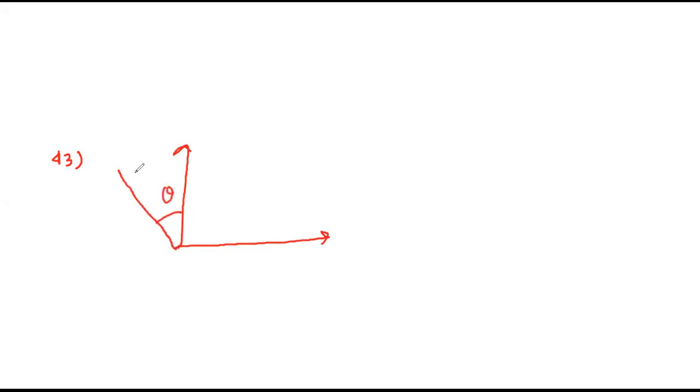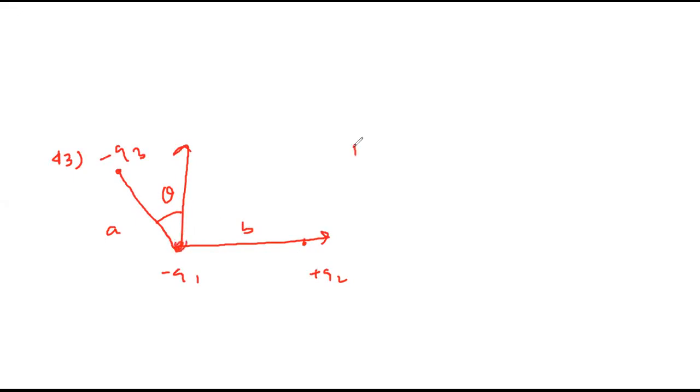Angle theta, minus Q3 is at distance A from minus Q1, and the distance between Q1 and Q2 is B. They want the force on minus Q1.